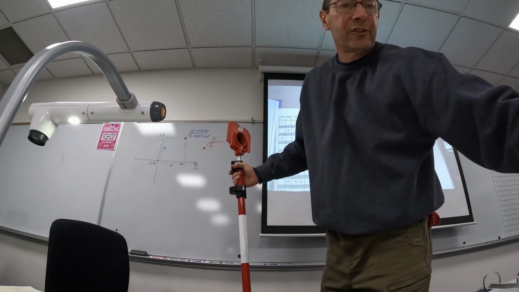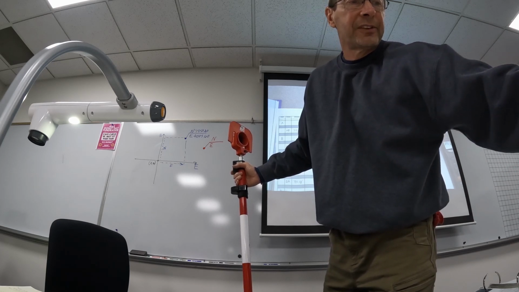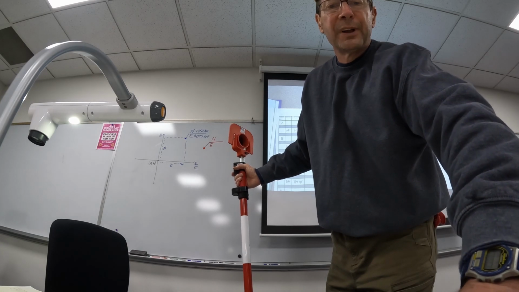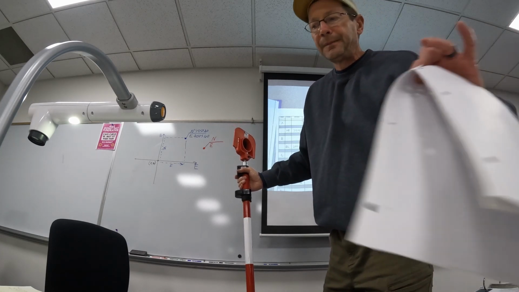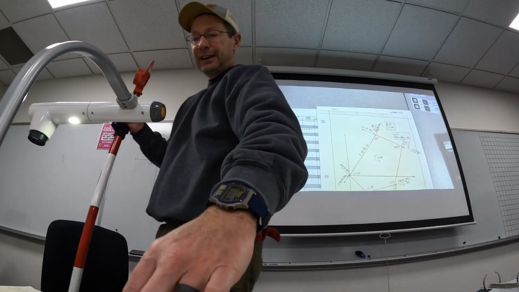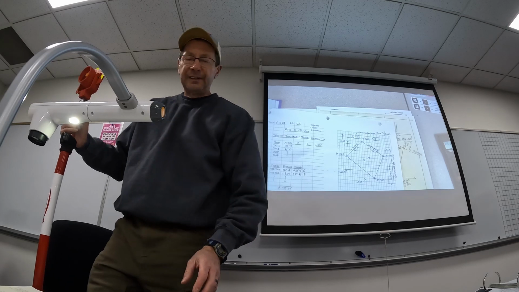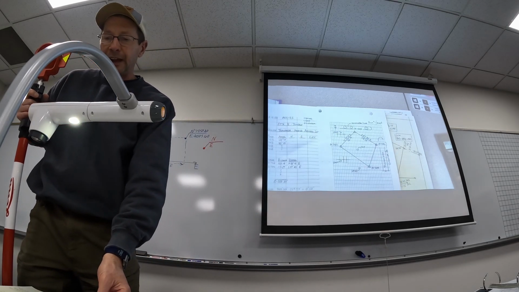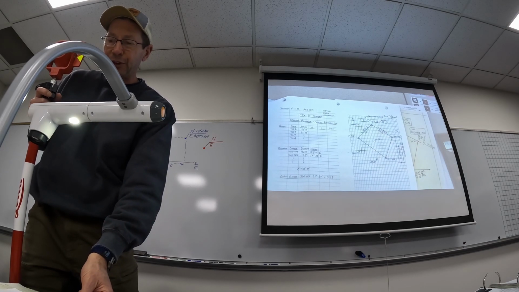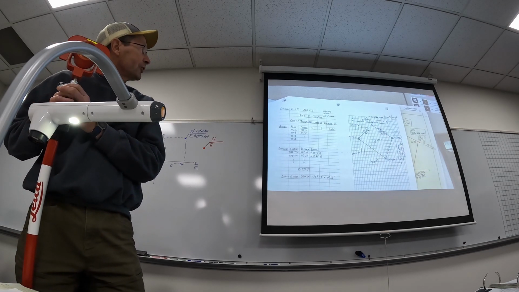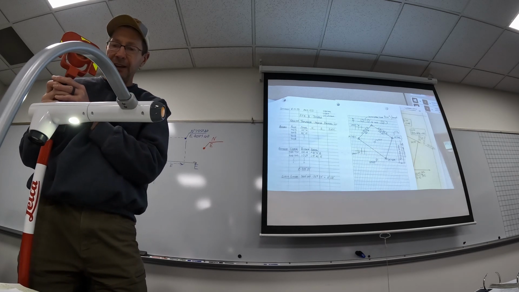Look on the back page. Here's what I would suggest. Sit with whoever you want to team up with now before you head out, and get a field book set up. Actually, all of you, just set up your own field books to have all this information kind of scripted out for your traverse. This is just a good example of what it should look like, what I'll be looking for in the turn-in, what you guys are going to turn in today.